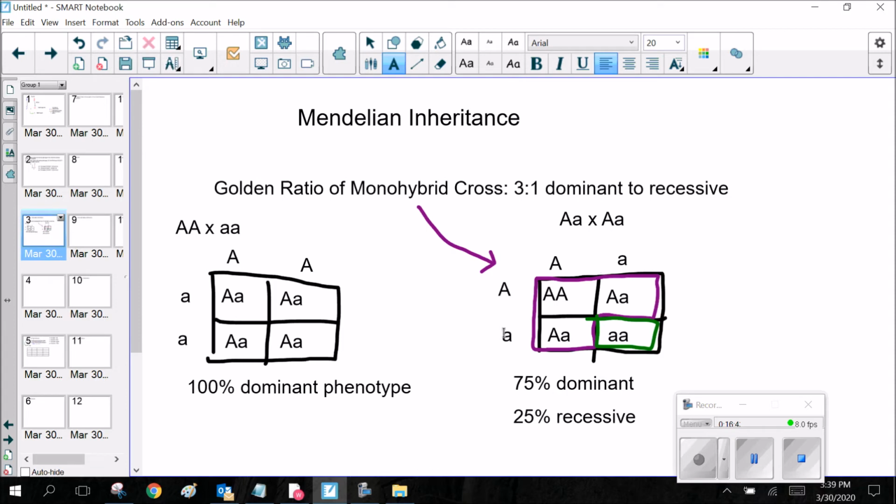Remember that here, all of this big A, little a, big A, little a came out of one parent having big A, little a, and the other parent having big A, little a. What you must never forget is that this all refers to these organisms' chromosomes. We have the big A and the little a, and then the big A and the little a. That's what we're really talking about: these alleles are on their chromosomes.